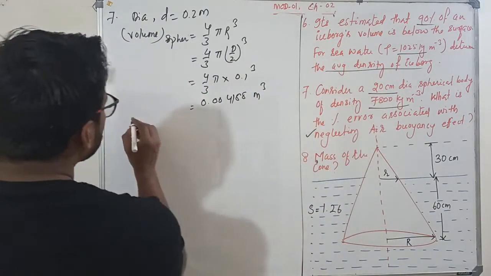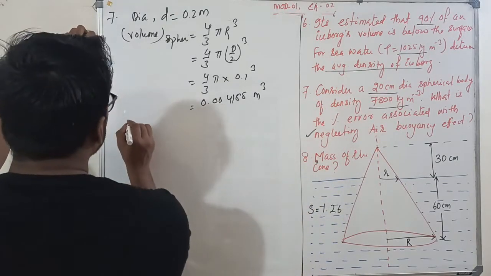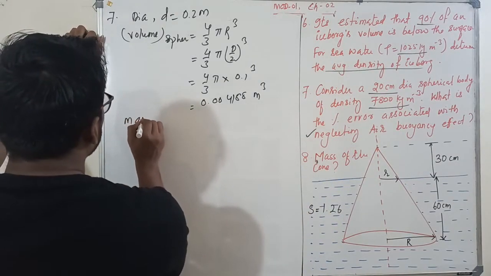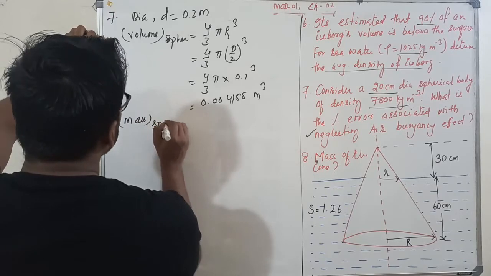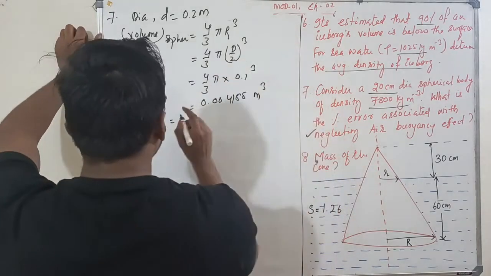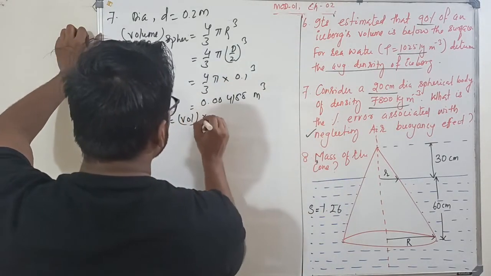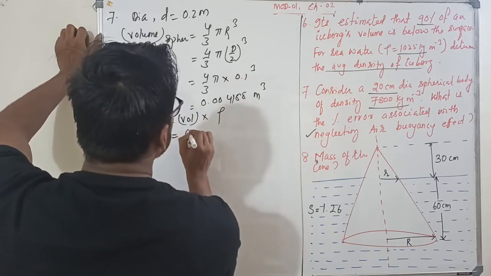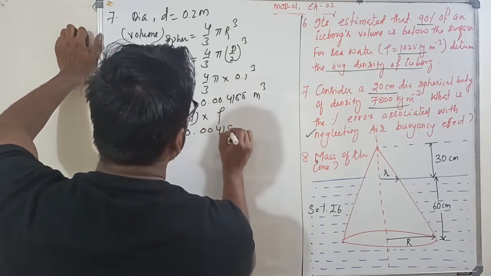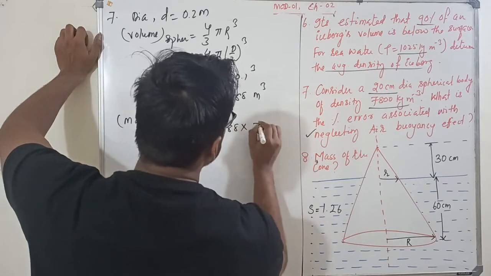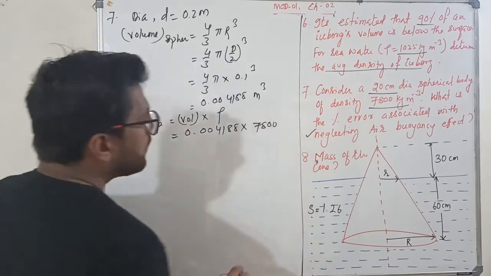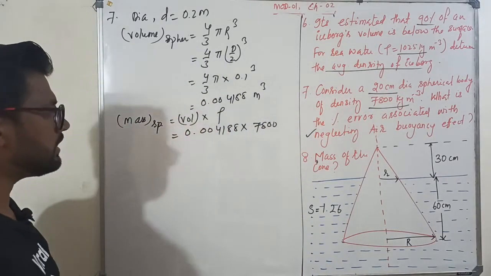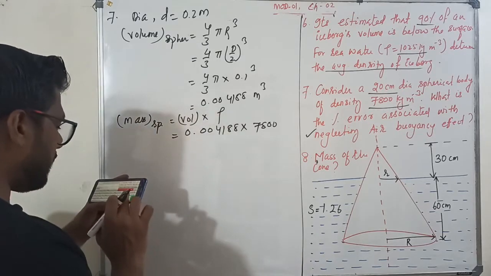Now they have given your density. What will be the mass of your sphere? Sir, density equals mass by volume, so mass equals volume multiplied by density. That is 0.004188 multiplied by the density, 7,800 kg per meter cube.